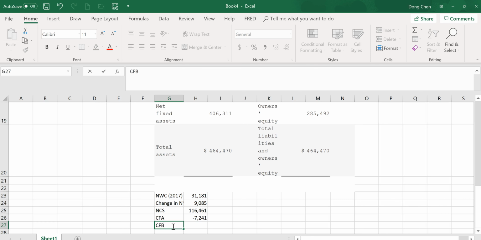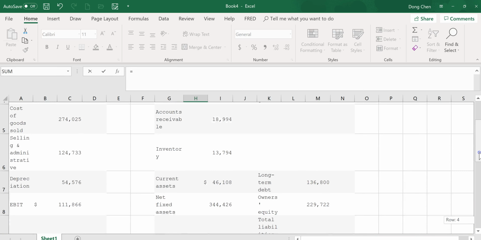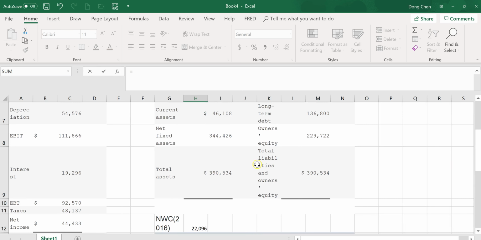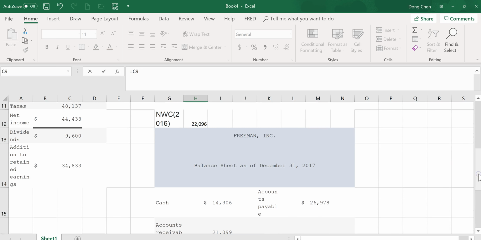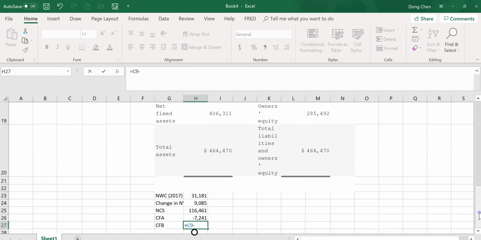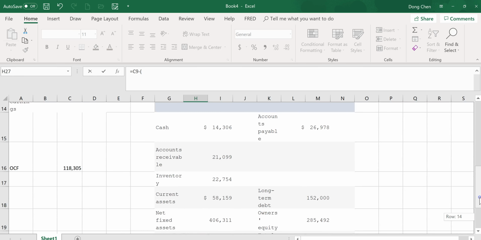I use CFB to stand for the cash flow to creditors. This equals the interest, which for creditors is an income, minus the change in the long-term debt.